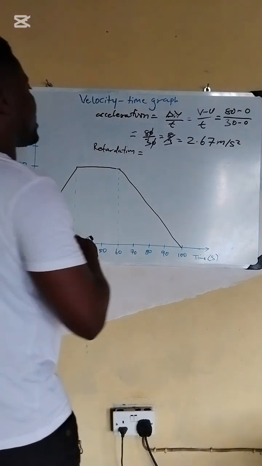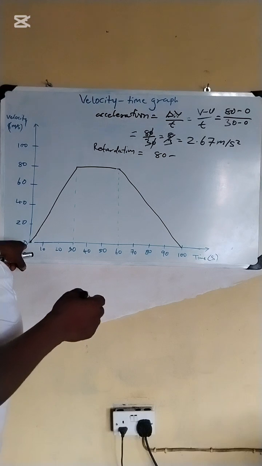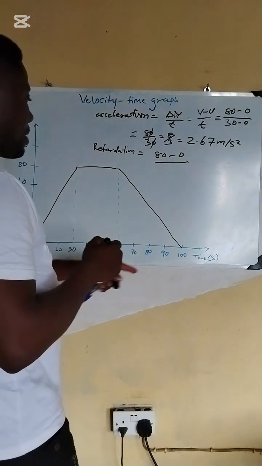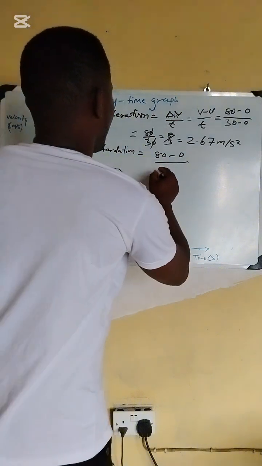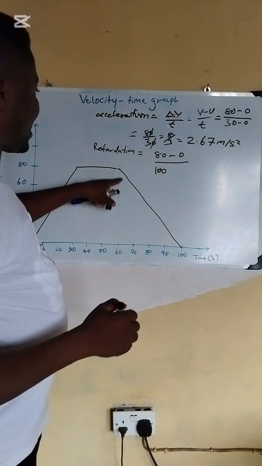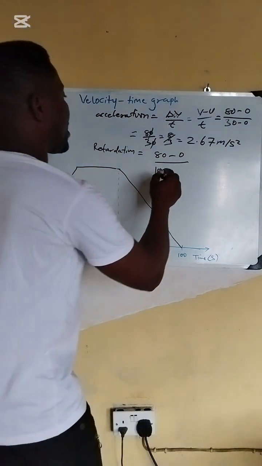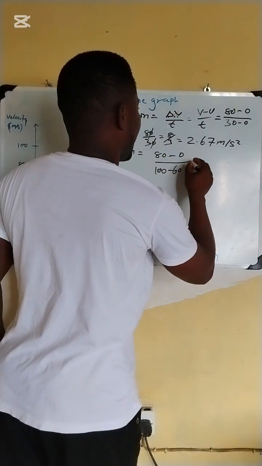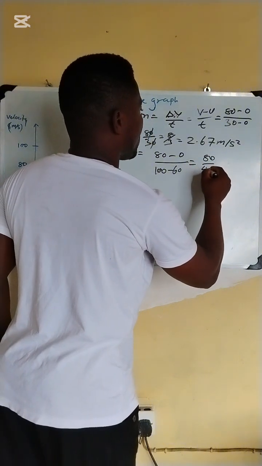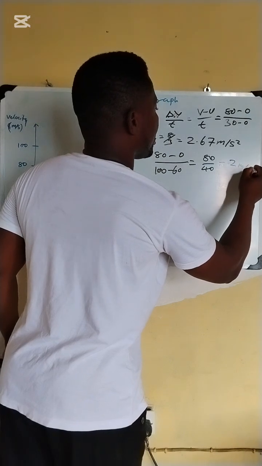Now write the 80 minus 0, which is the initial velocity, all over 100 minus 60, because it was at this point that the car started coming to rest. That is equal to 80 all over 40, and that is equal to 2 meters per second square.